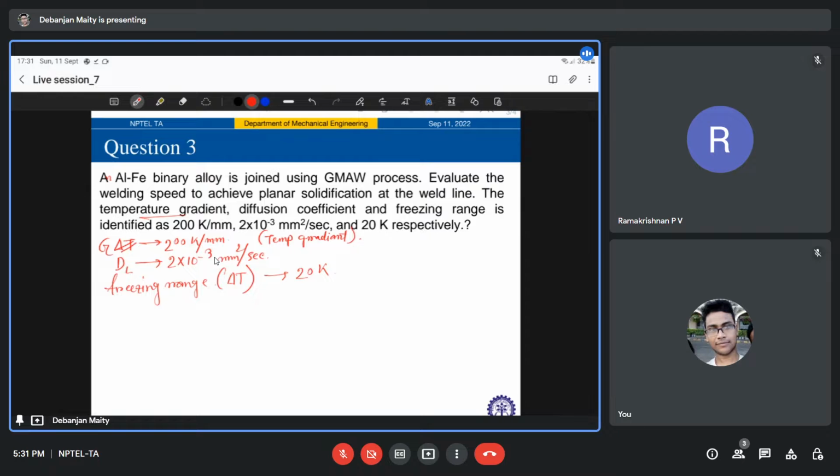from this course is like this: to basically achieve a planar solidification structure at weld line, your G by R value should be greater than or equal to delta T by DL, right?